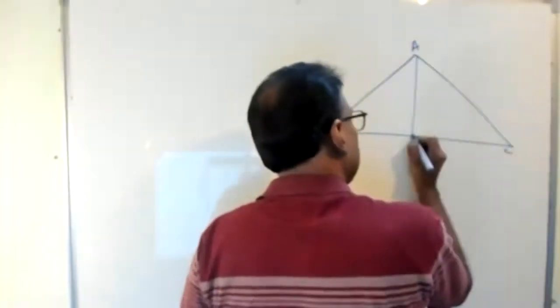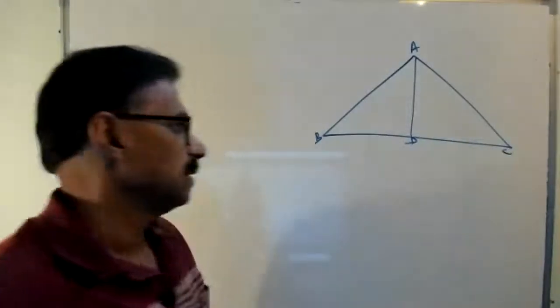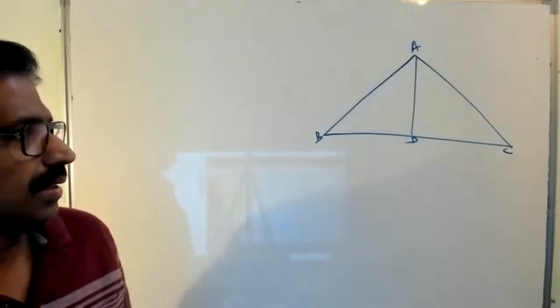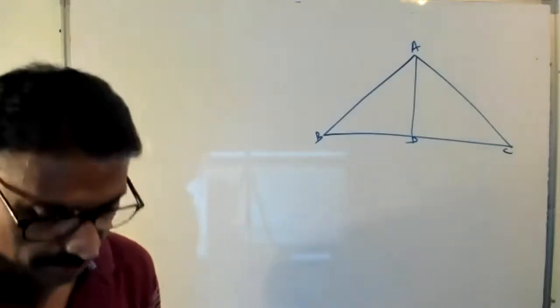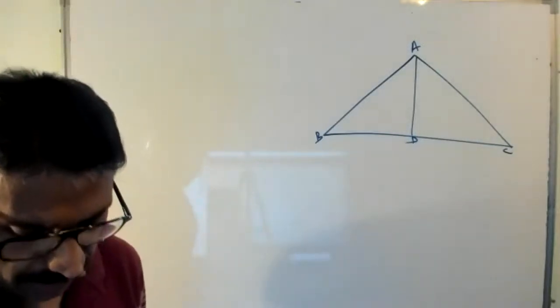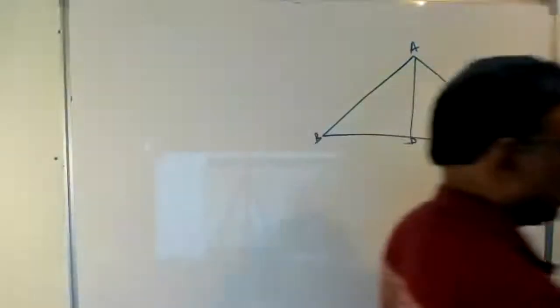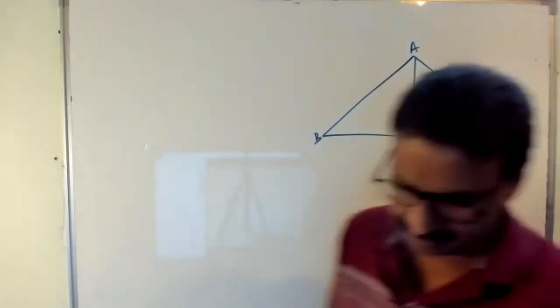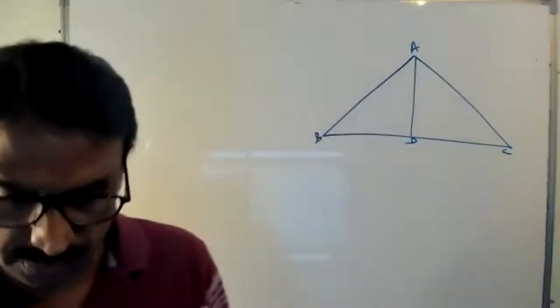AD perpendicular to BC. AD square equal to BD into DC. Show that angle ABC is a right triangle. Okay, try now.